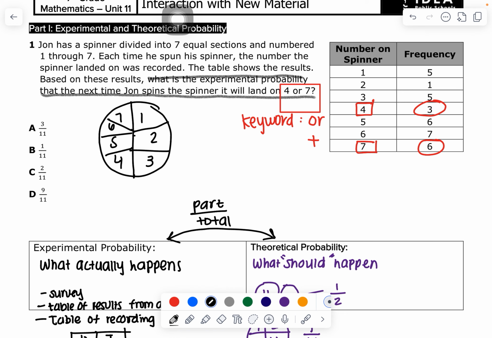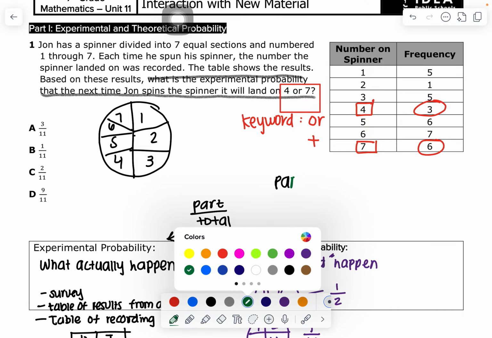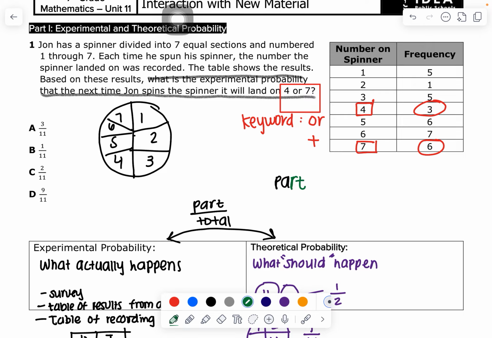So what is the probability that we land on 4 or 7? The part in this case is the frequencies of those numbers. For 4 it was 3, and for 7 it was 6, so we add them. Now the total number of spins is not given in my problem, but I can find it by adding all the frequencies.